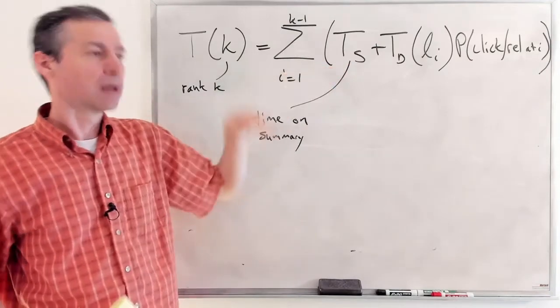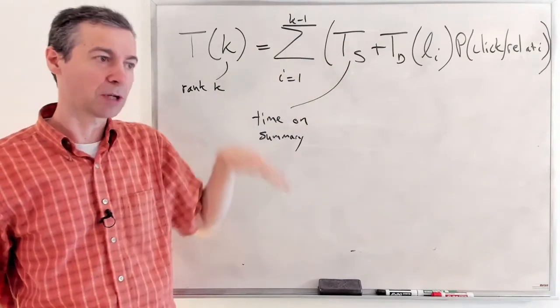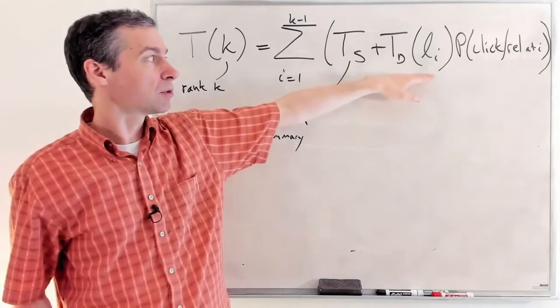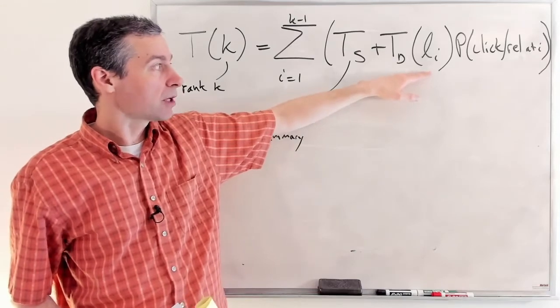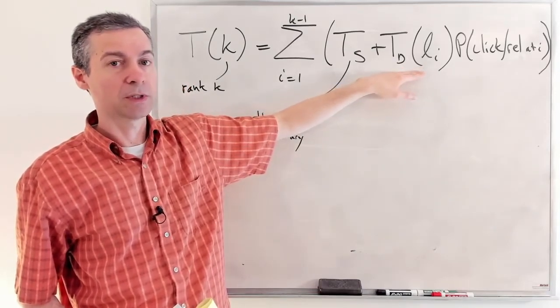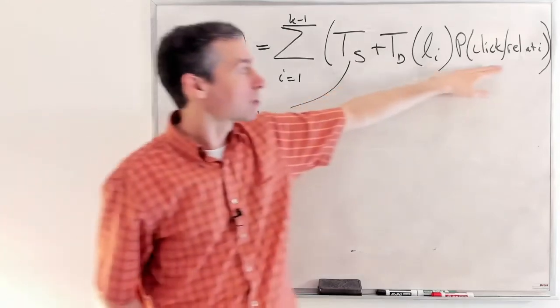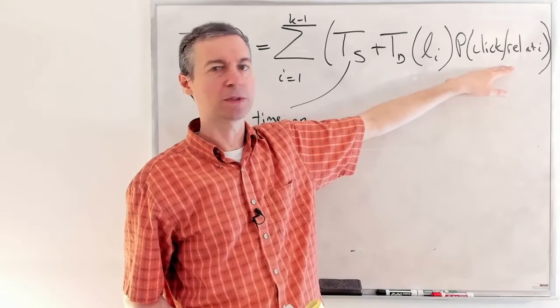It's basically, I'm working down the rank list. I'll spend this amount of time per summary, and this is a population average where we're saying we predict that if you were to click on it, you would spend this amount of time. And so what's the probability that you actually click on it? What's basically the average probability that people are clicking on it?